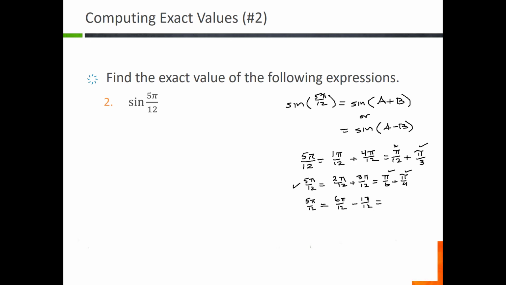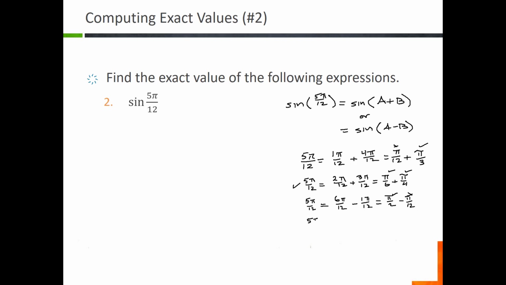And if we reduce those again, the 6 pi over 12 is going to be pi over 2, because 6 goes into 12 twice. Minus, but you can't do anything with the pi over 12. Now, the pi over 2, we can do that on the unit circle, but we can't do pi over 12. So let's go to the next step.